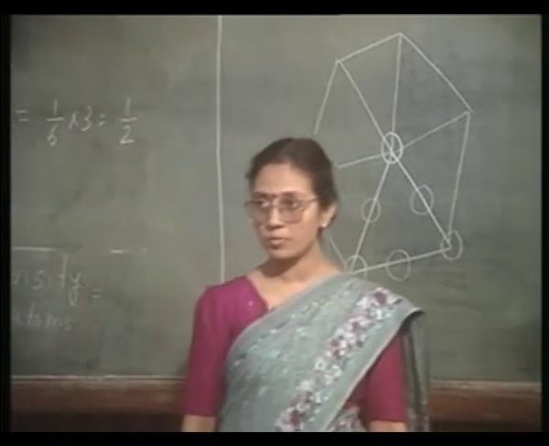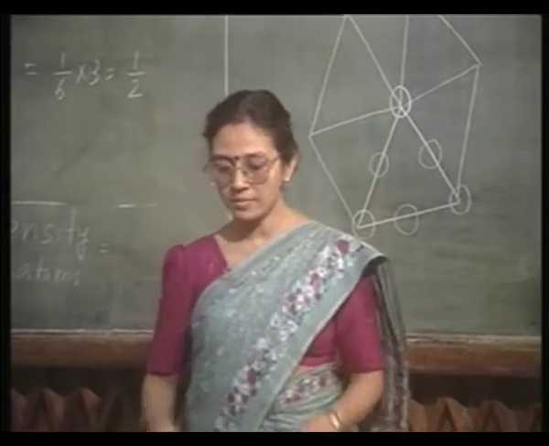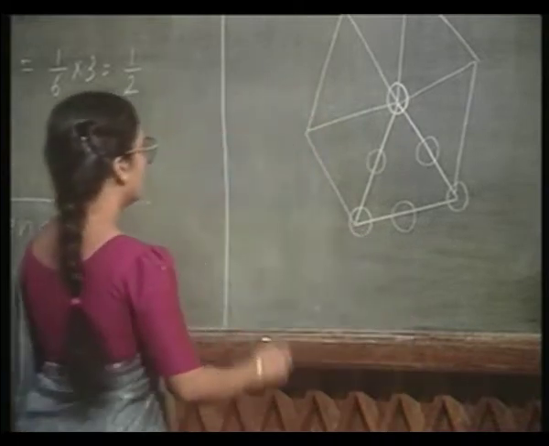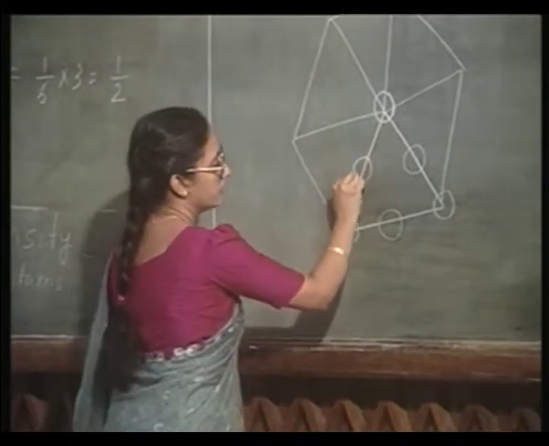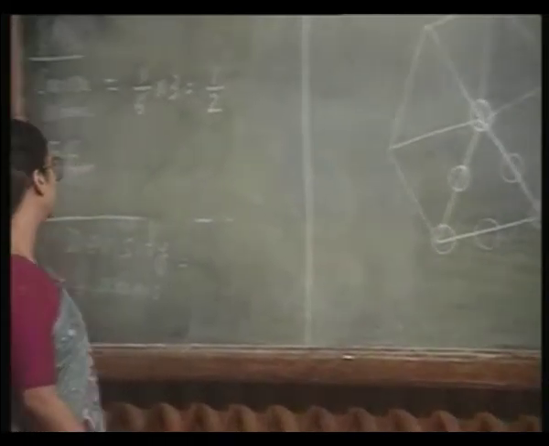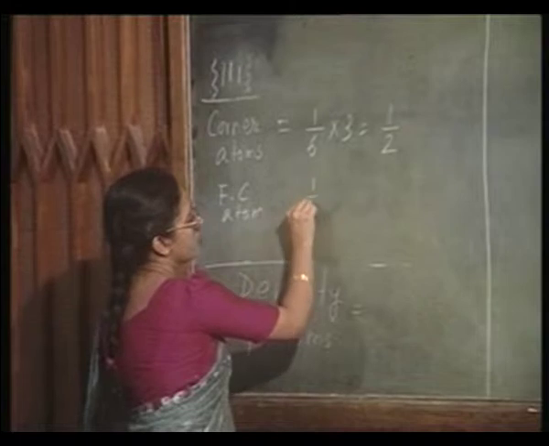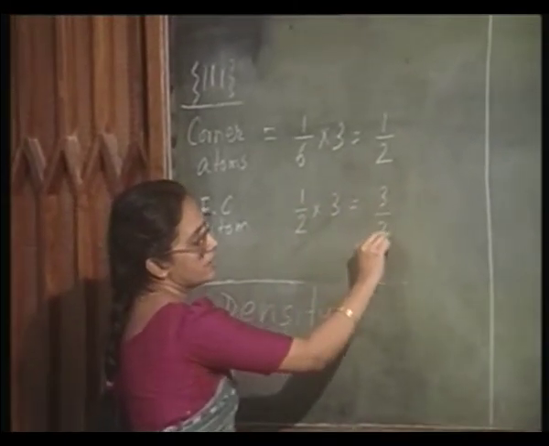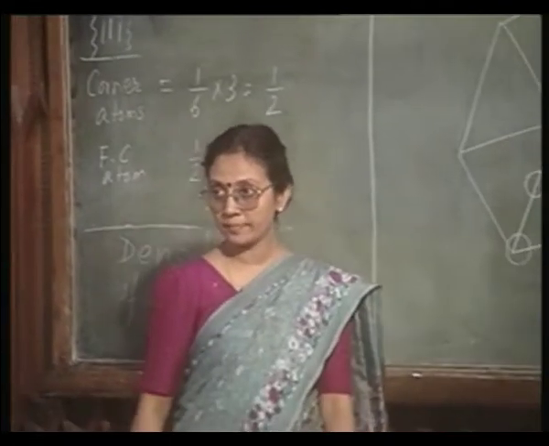Therefore, the total contribution of these corner atoms is 3 into 1 by 6, that is half. What about the face centered? Half, it is shared by 2 planes. Therefore, the sum is 2 again.